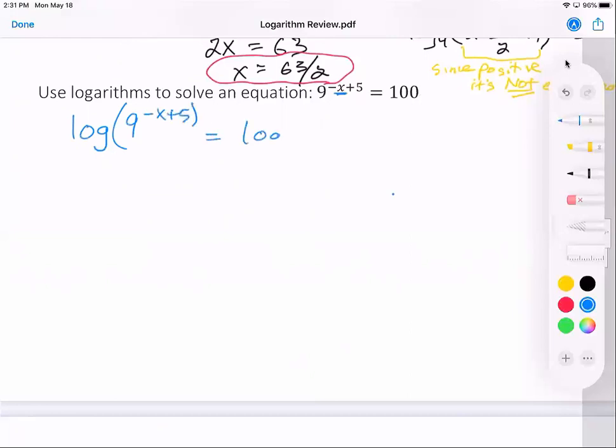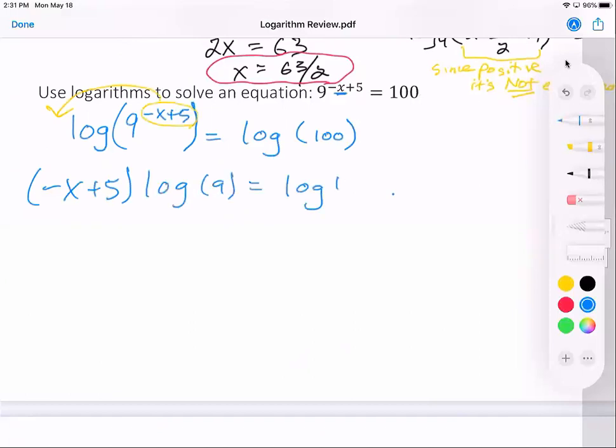Put a log in front of both numbers. The benefit is that with log properties, the exponent we can write out in front of the logarithm. So we have negative x plus 5 times log 9 equals log of 100.